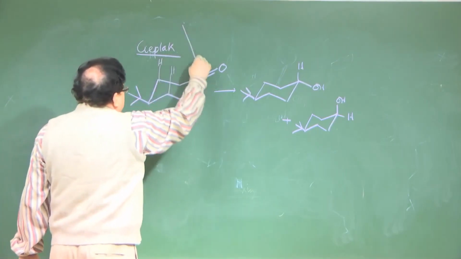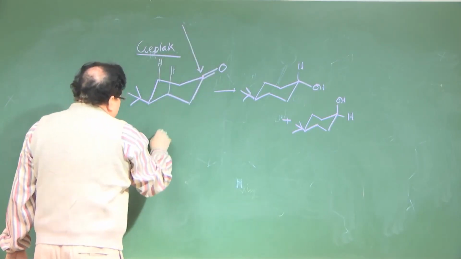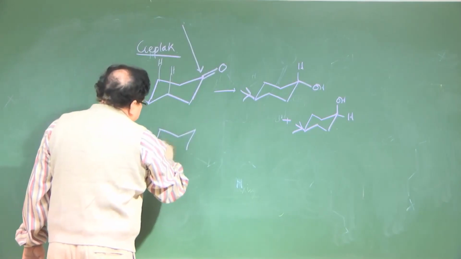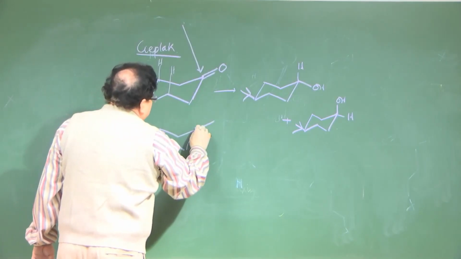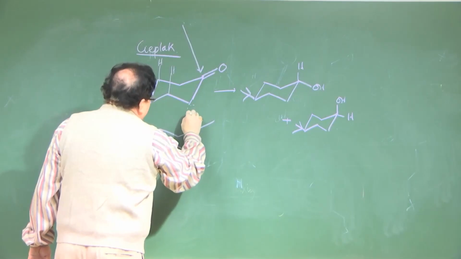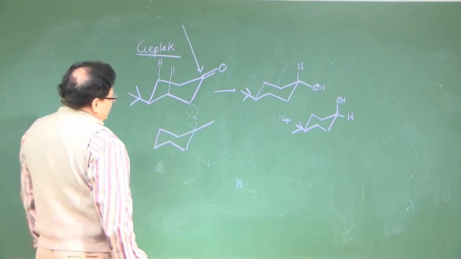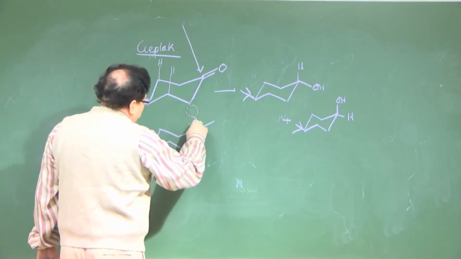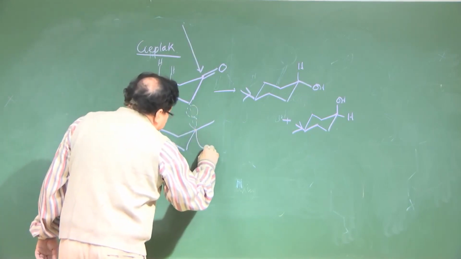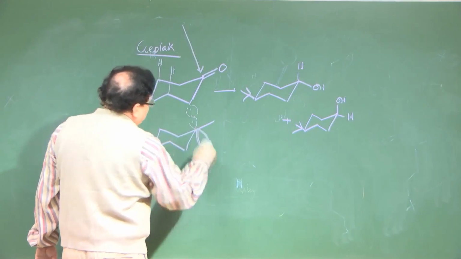When the nucleophile is approaching this carbonyl, there is the formation of a bond between the nucleophile and the carbonyl, and that bond formation will have an anti-bonding scenario on the opposite side.